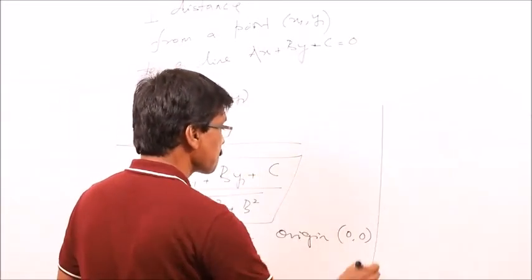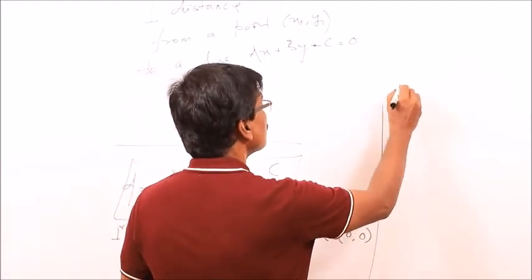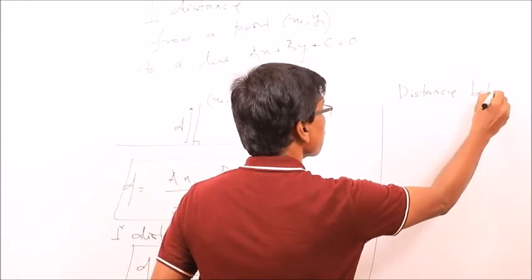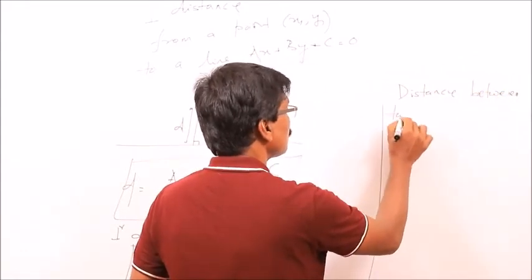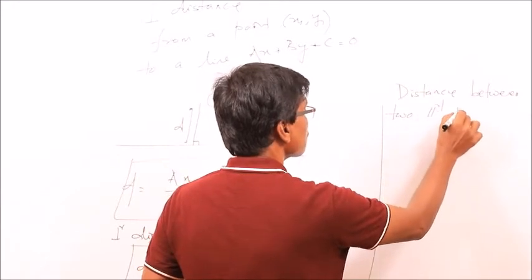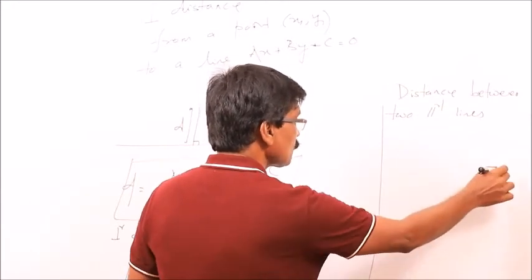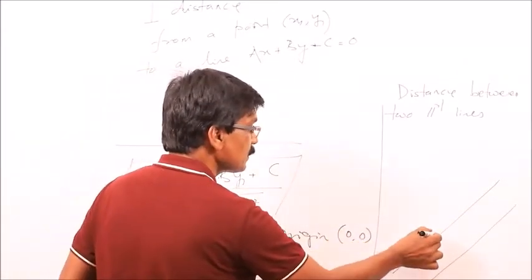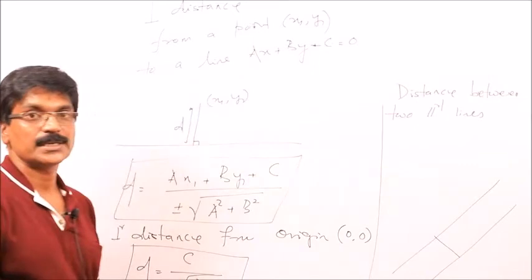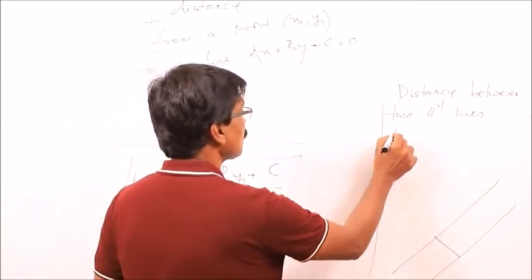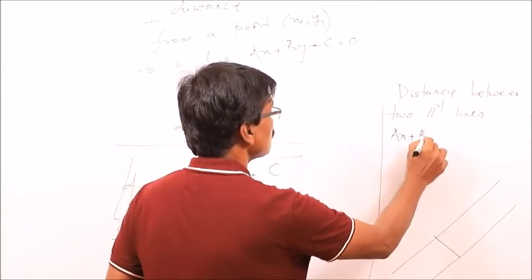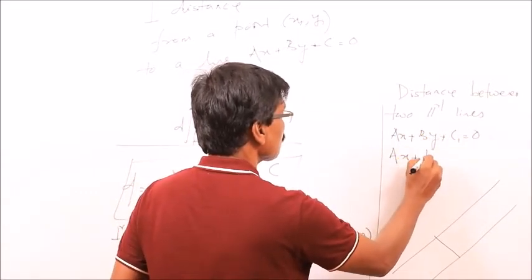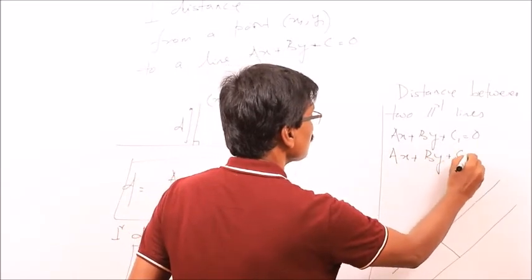Next we have the distance between two parallel lines. So, we have two parallel lines and the distance between them. The two parallel lines are ax plus by plus c1 is equal to 0, and ax plus by plus c2 is equal to 0.